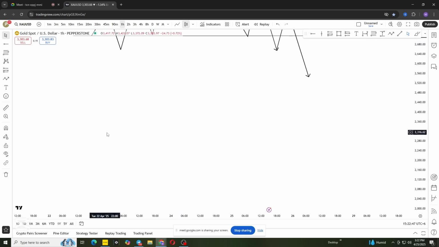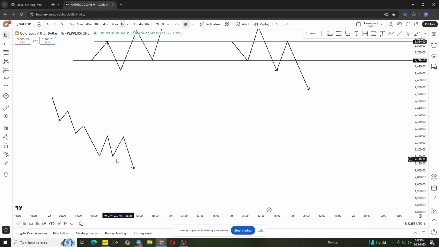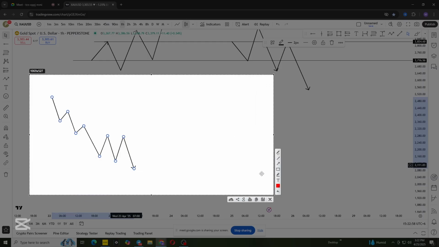So why do people call them differently? Let's say this is a trend and the market is giving you what trend? Downtrend. So if the trend needs to change, something needs to happen here, isn't it? And if any QM happens here, that would be a buy QM, isn't it?